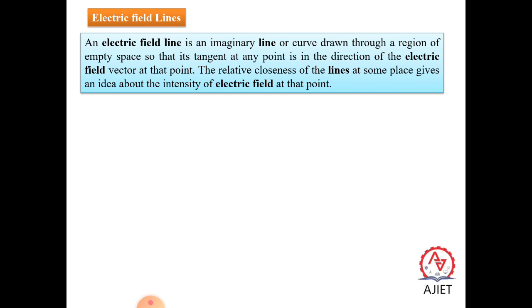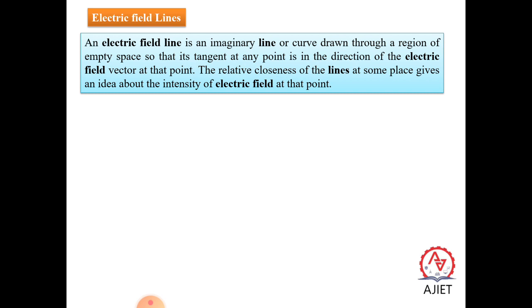The relative closeness of the lines at some places gives an idea about the intensity of the electric field at that point. The concept of electric field lines was developed by Faraday. It is a non-mathematical way of visualizing the electric field around a charged configuration.